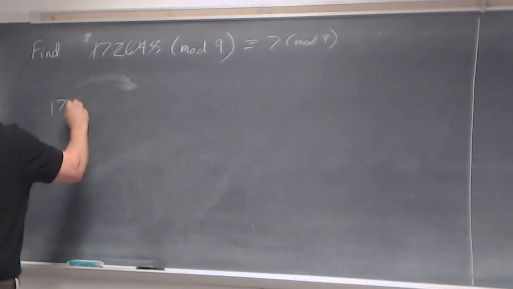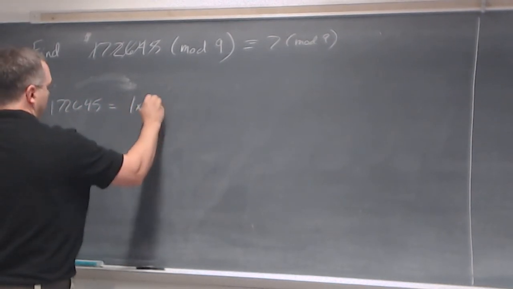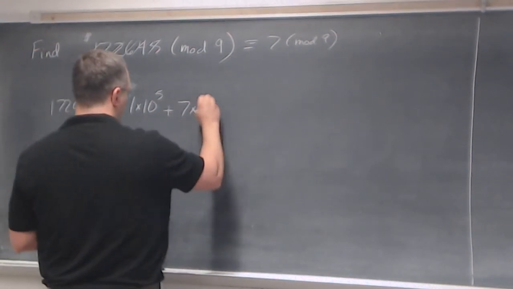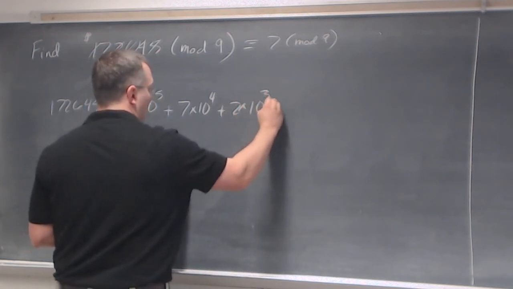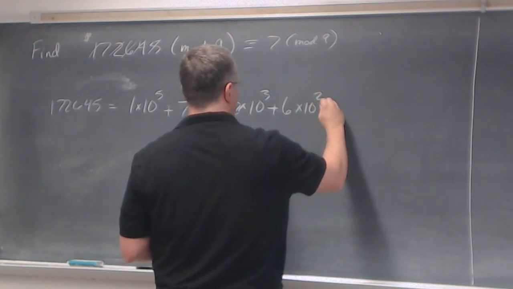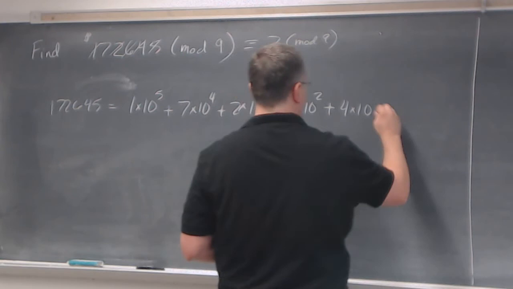So 172,645 is 1 times 10 to the 5th power plus 7 times 10 to the 4th power plus 2 times 10 to the 3rd power plus 6 times 10 squared plus 4 times 10 plus 5.